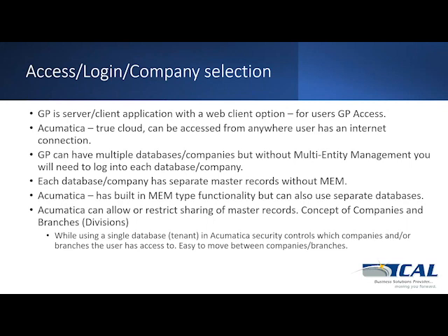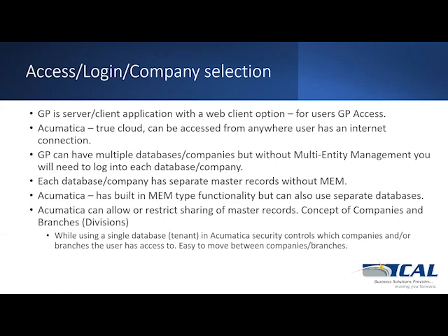If that vendor or customer is restricted to just that given company or branch, then I'm not going to be able to see it or access their information in any way, shape, or form. It's built into the way the product works. So while using a single database, or tenant in Acumatica's terms, security controls which companies and branches the user has access to, and it's easy for them to move between the companies and branches.